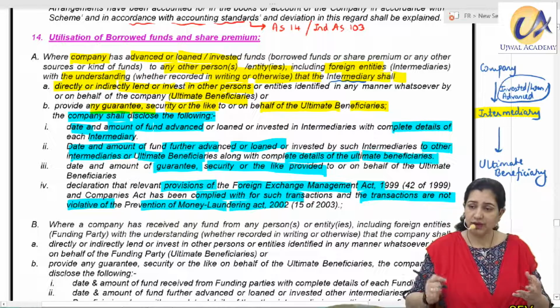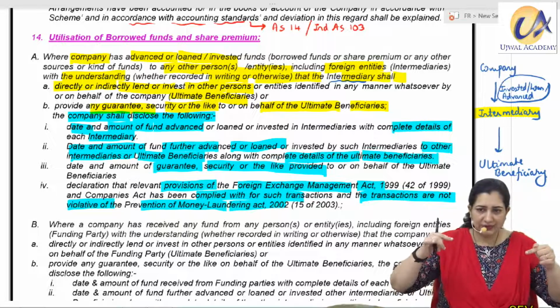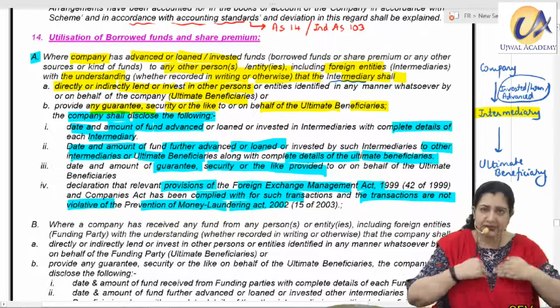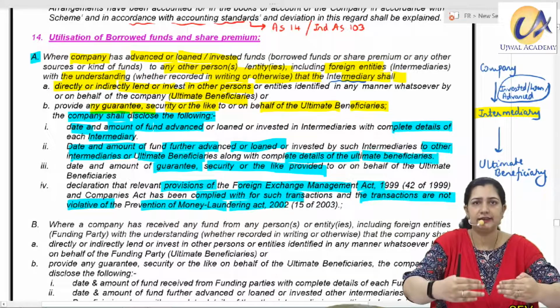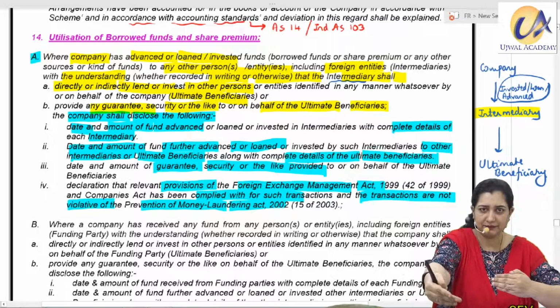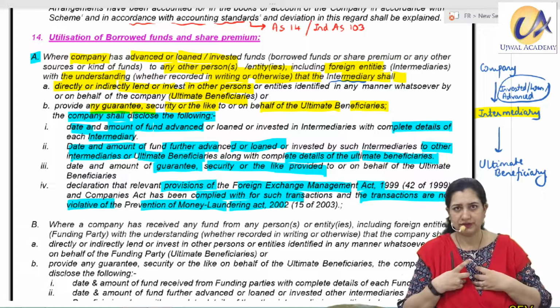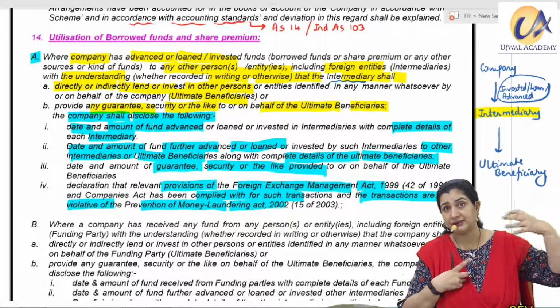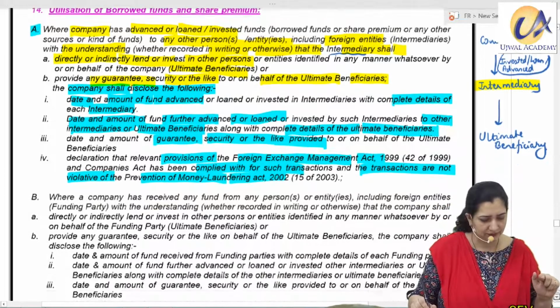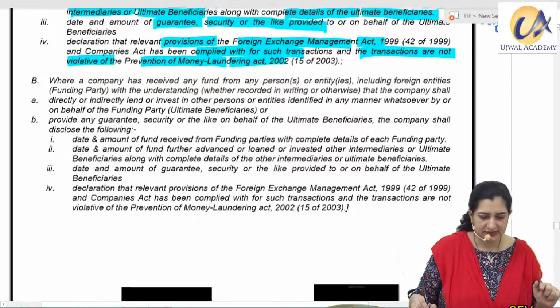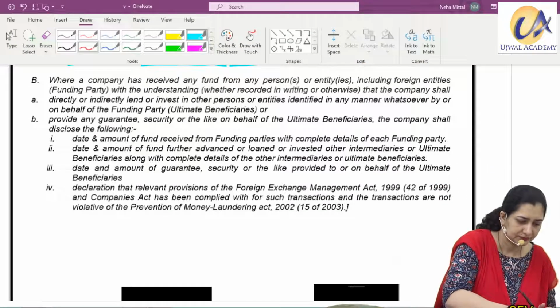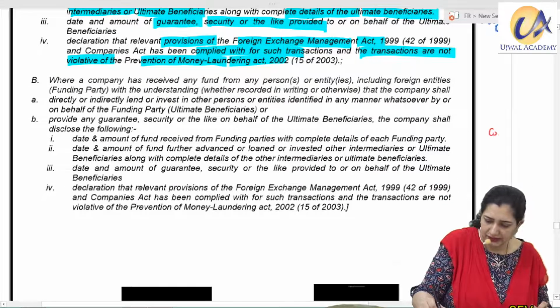Second scenario, now where in point A we saw what? The company is putting money in an intermediary, and the intermediary gives it to the ultimate beneficiary. But now what if the company is receiving money from someone? Then that becomes the funding party. Now what is the second scenario? The company is in between.